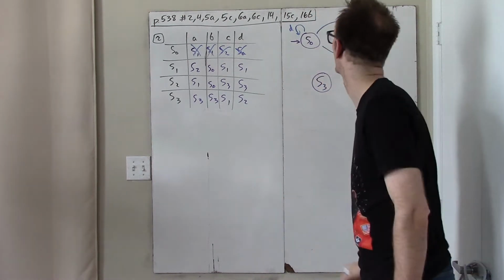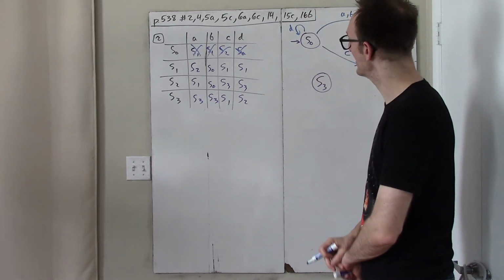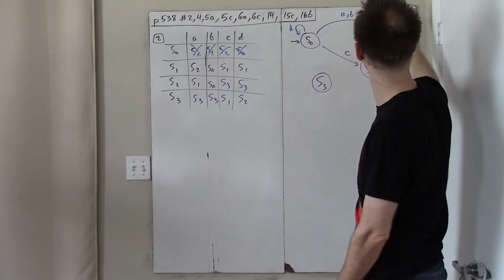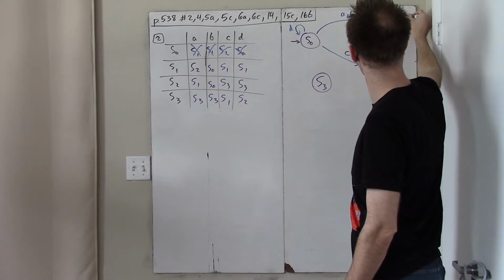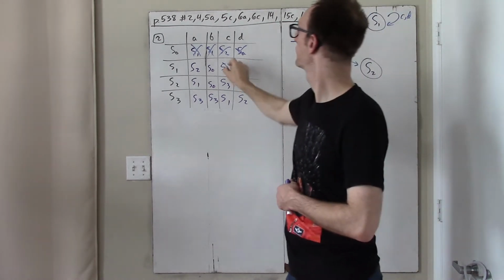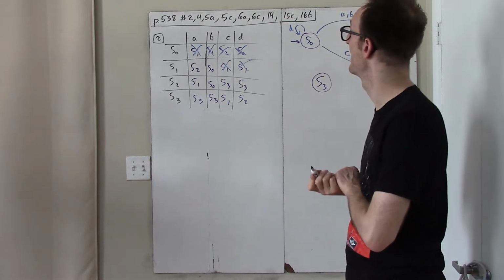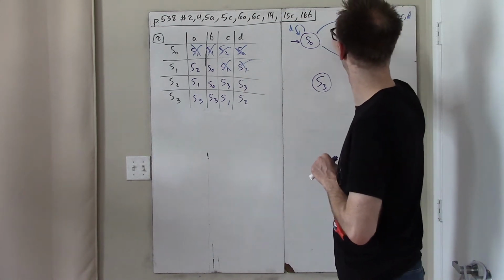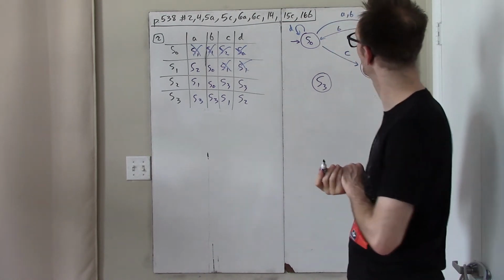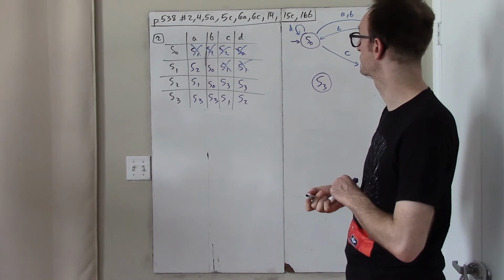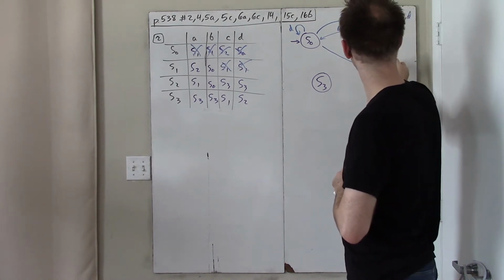Okay, it's riveting. From S1, I should go back to S1 if I read a C or a D, but if I read a B, I should go back here, and I should go to S2 if I read an A.